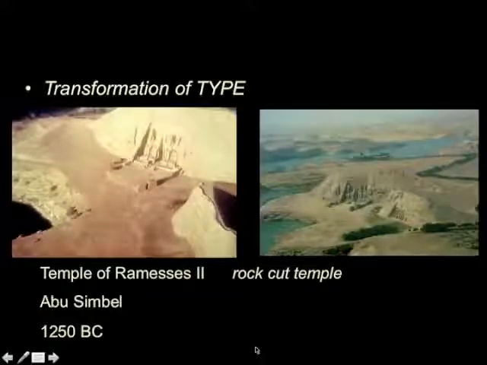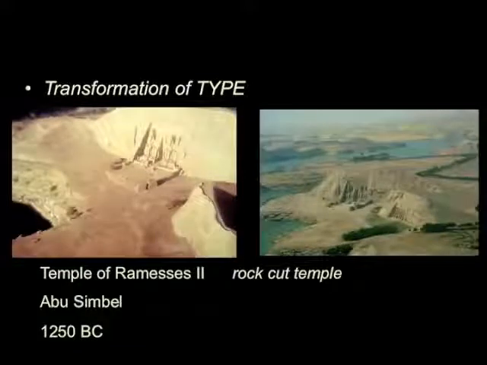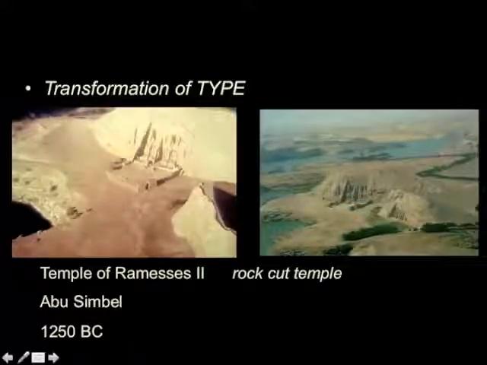This is farther up the Nile toward the source of the Nile, farther into Nubia, Abu Simbel. And this temple is completely rock cut. The processional spaces that we had leading up to it in the Hatshepsut temple are all interiorized. The pylon itself becomes a carving into the living rock of the cliff.